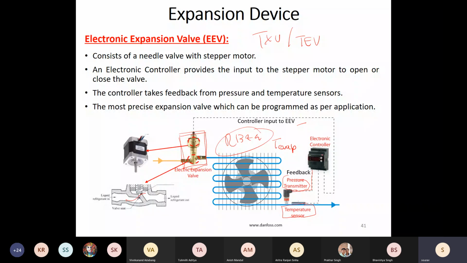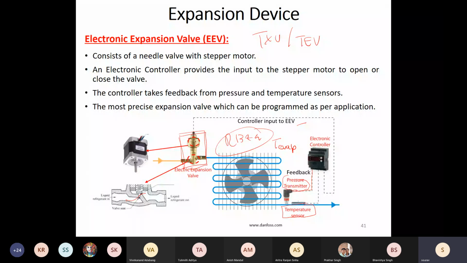Imagine that you have to integrate everything into a Raspberry Pi or some sort of small, compact circuitry. So you need to write your own functions, everything you have to code in your controller. Based on that, the controller will continuously monitor the superheat and it will give a feedback to the stepper motor to open or close the valve appropriately. So this is what you need to do to mimic the operation of the TEV using an electronic expansion valve.